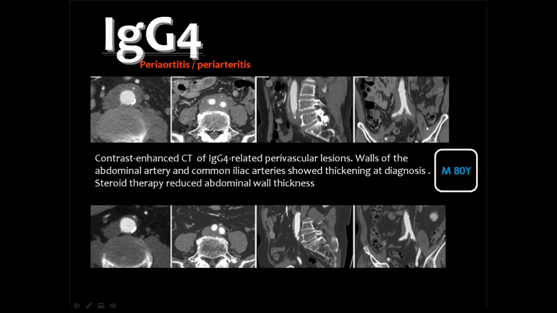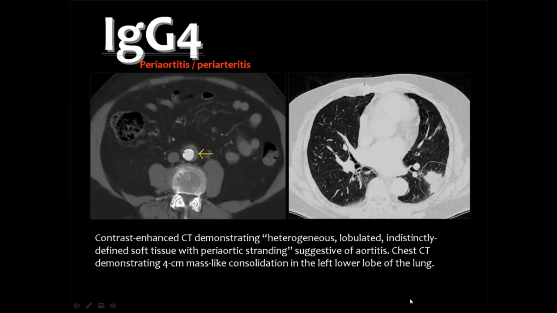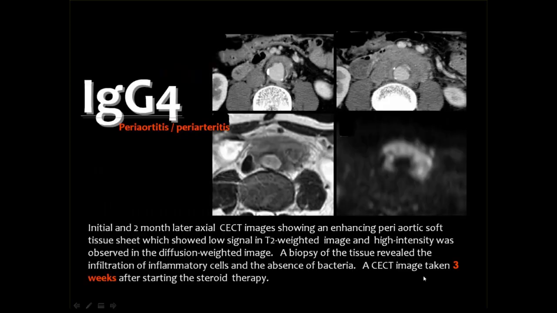The upper images showed the distribution of the disease, and the lower images showed the response to corticosteroids. And this is also another example of periaortitis with an IgG4 related lesion in the lung.